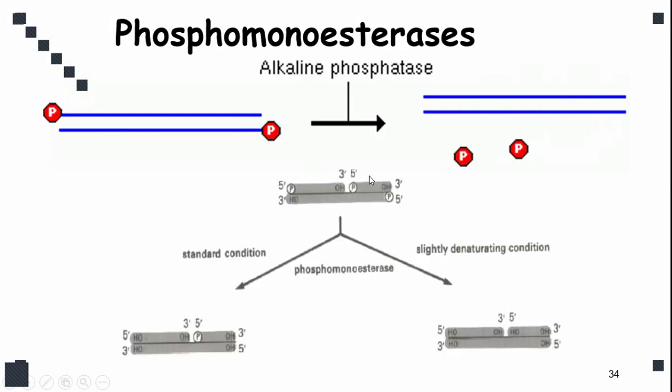Then the other thing you can do with phosphomonoesterases is remove phosphates completely, including the ones inside the nick. You can see here that under standard conditions you remove the terminal one, but the one within the nick is still intact. But under slightly denaturing conditions, the phosphate here has also been removed.